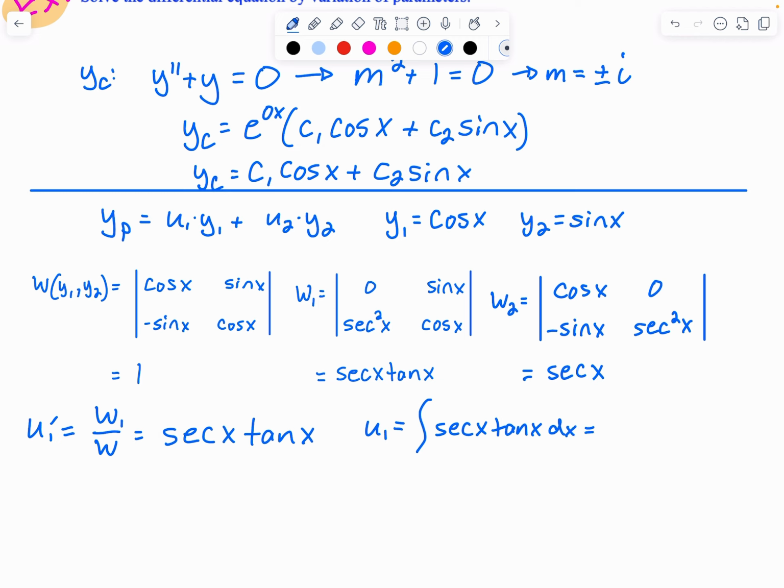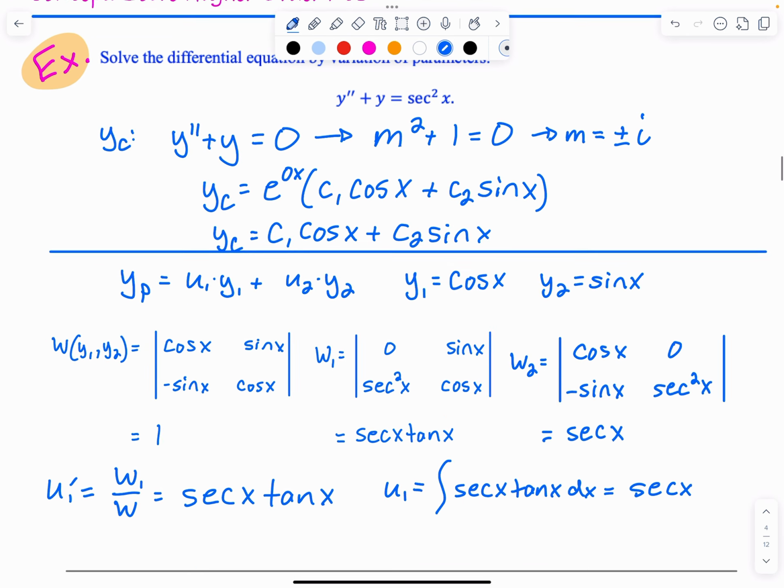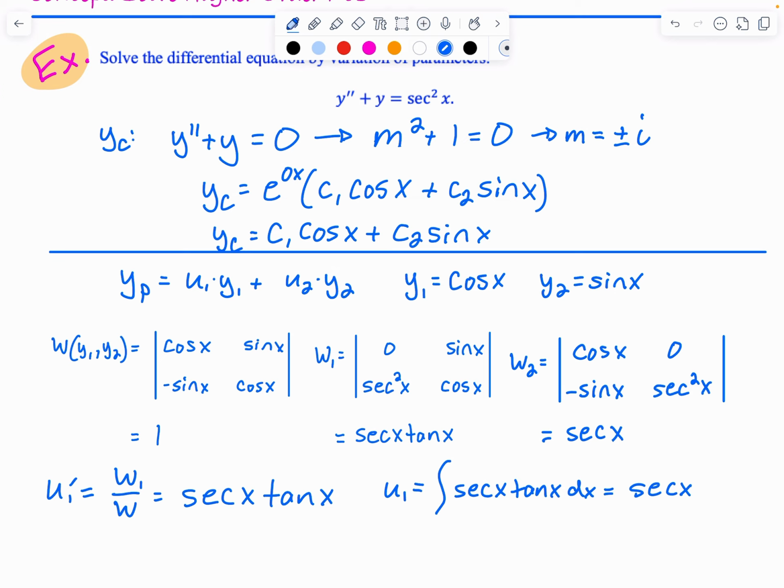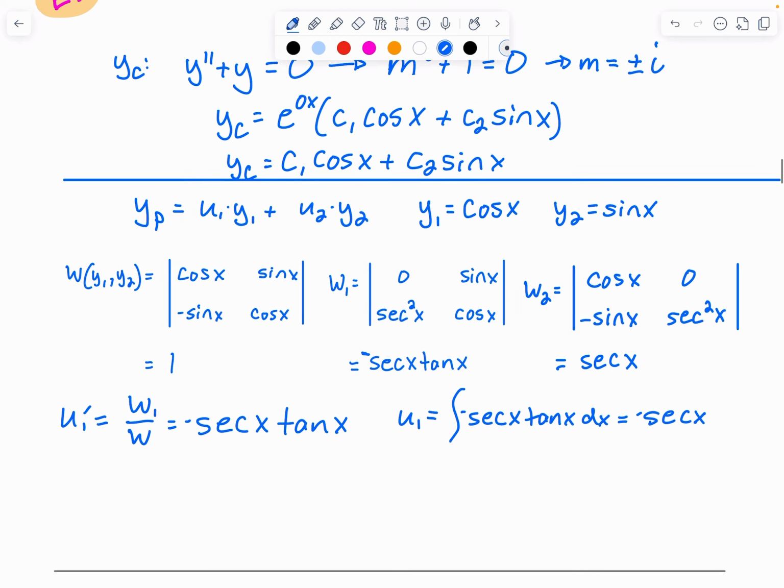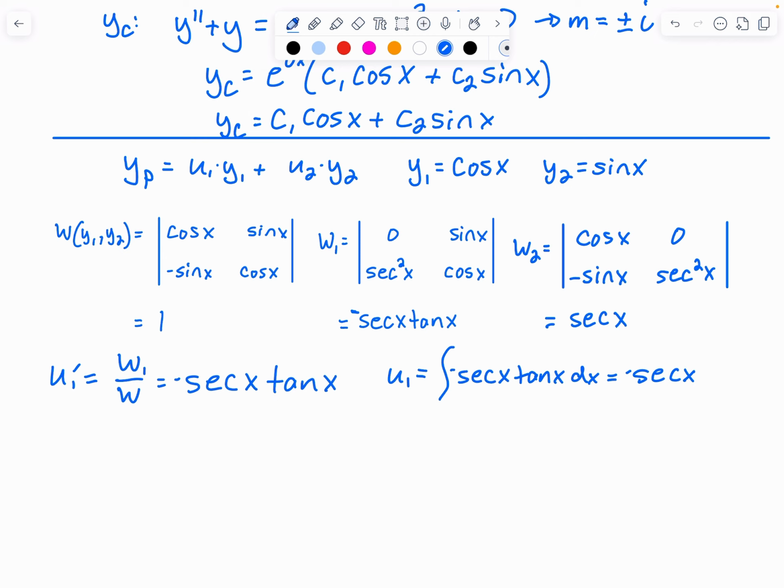The answer here is just a secant. All right, hold on. I got a negative somewhere in my, oh, hey, I'm glad I have notes. That should be negative. Some of you guys have probably been screaming at me the whole time. That's negative. That's negative. There we go. So we get a negative secant. All right, so we have that for u1.